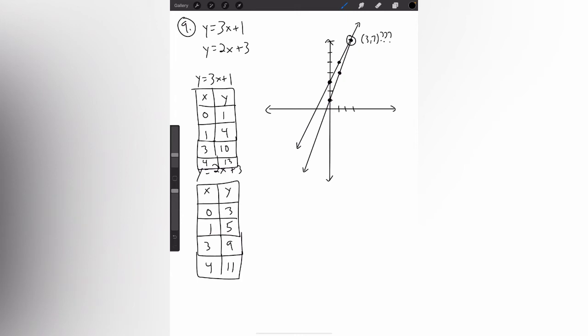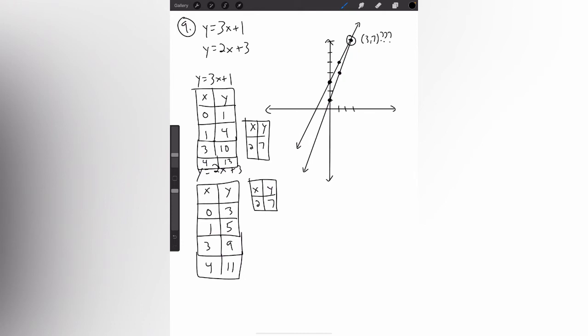So right now, I'm not sure what that value is. I've tried 0. I've tried 1. Maybe I can try 2, right? So I'll just go ahead and add this over here. So I'll try 2. 3 times 2 is 6, plus 1 is 7. All right, let's try this. I'll try 2. 2 times 2 is 4, plus 3 is 7.